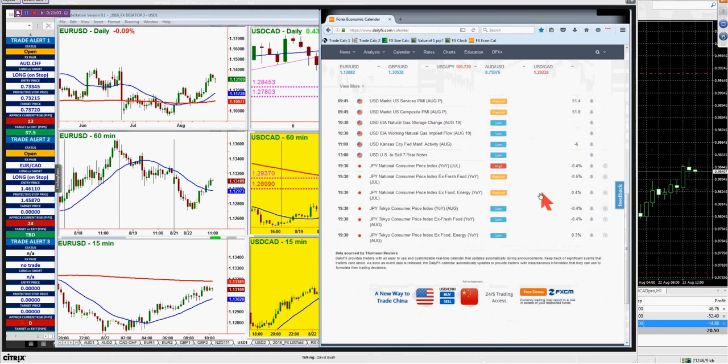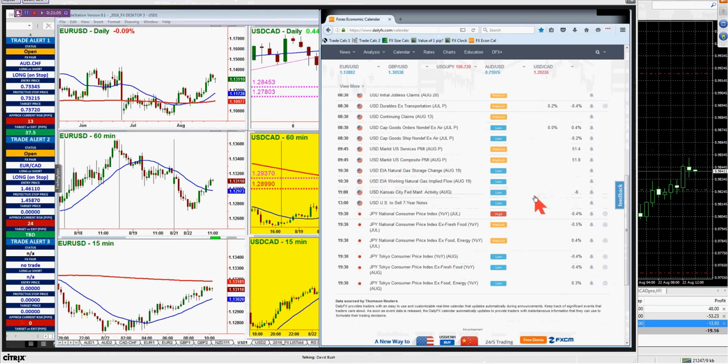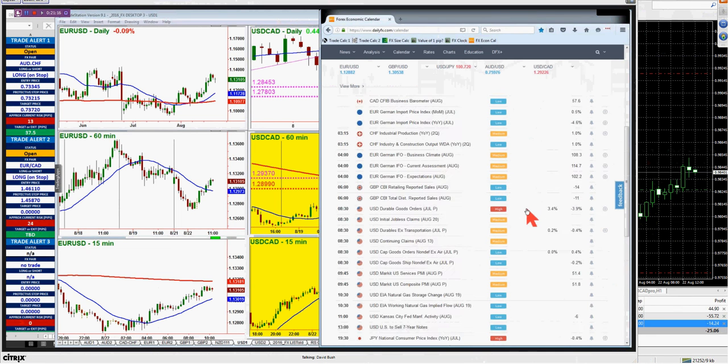So there's Thursday. There is more yen-related data, CPI, and that is at, what is that about? Is that 9:30 Eastern, or so in the evening?